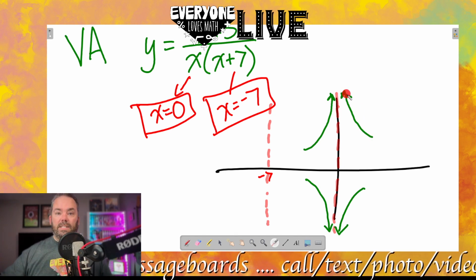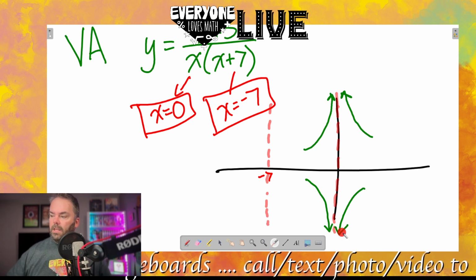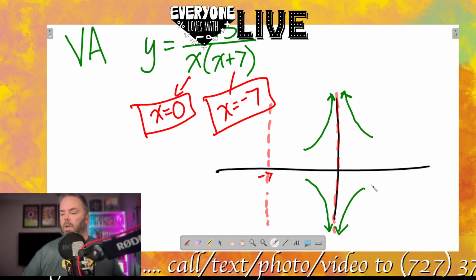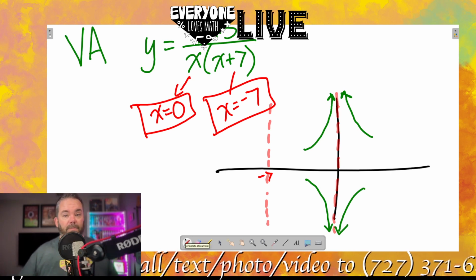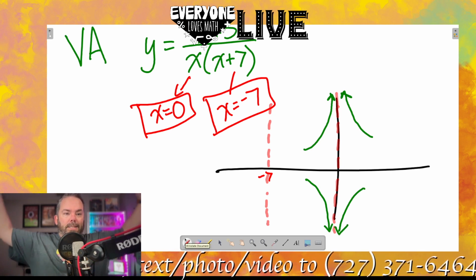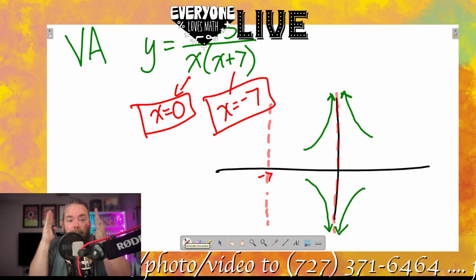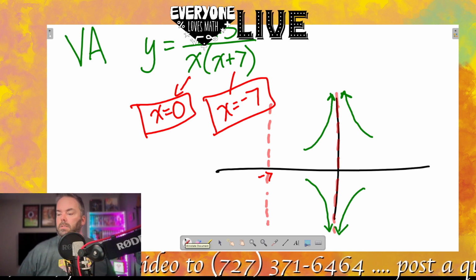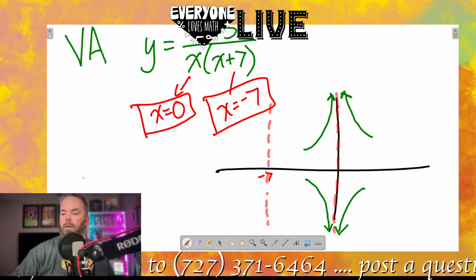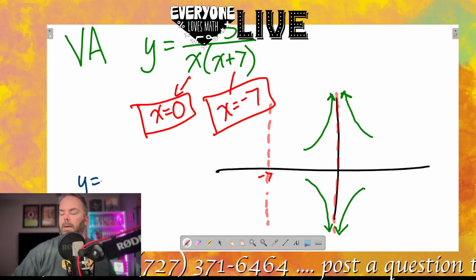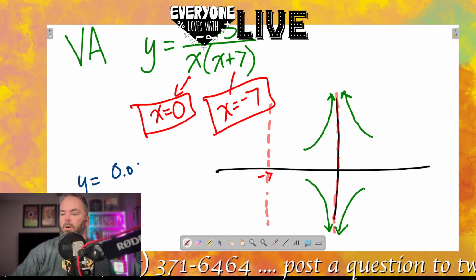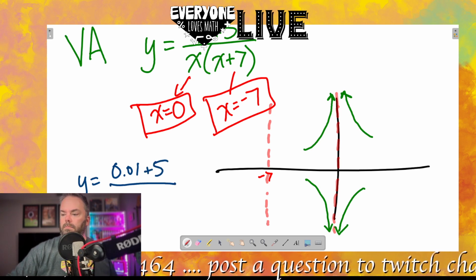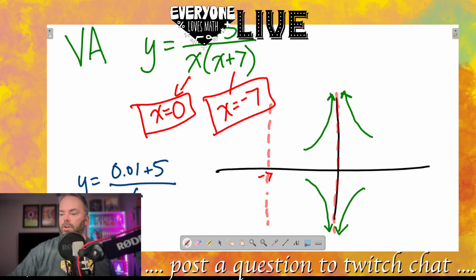Let's decide if it's heaven or hell to the right of 0. I'm just going to do some fake math with like 0.01, right? That's a number just a little bit to the right of 0. So I'm going to put 0.01 in for x back in the original problem.